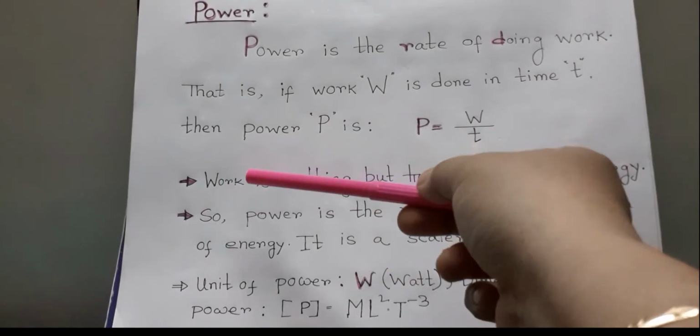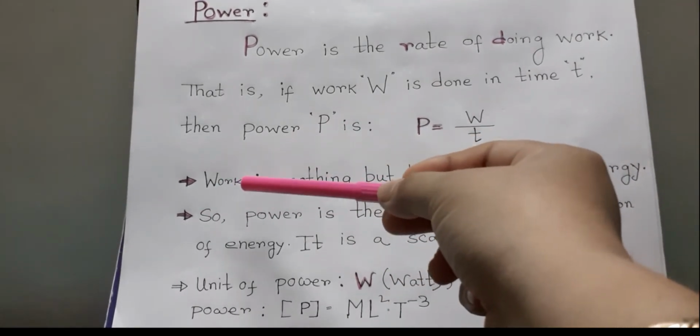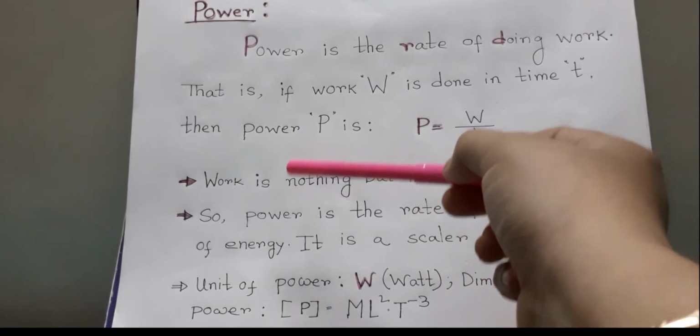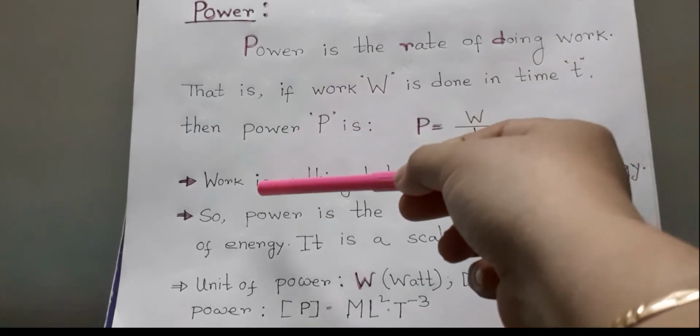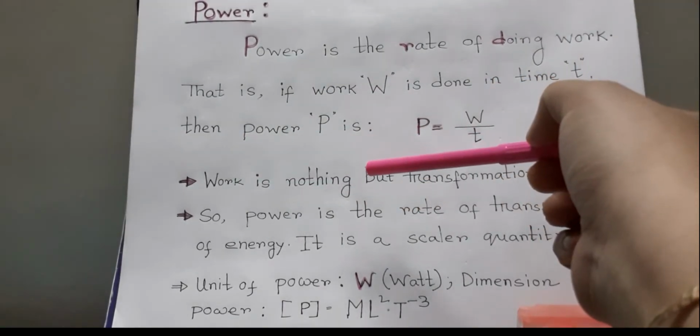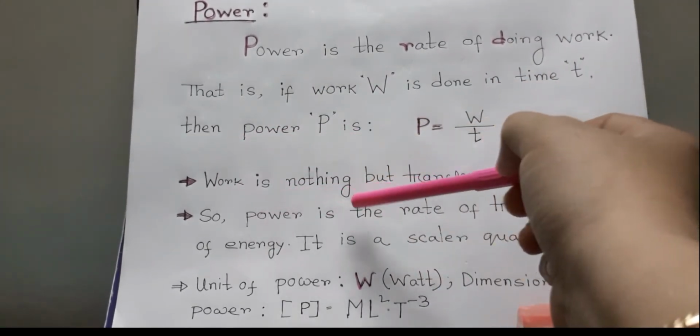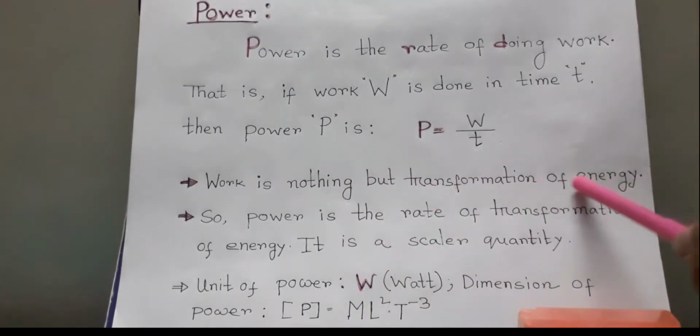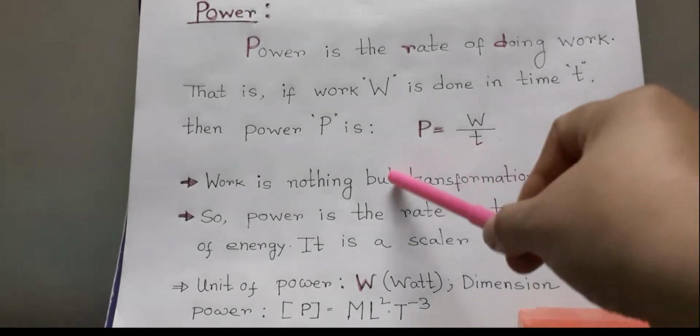Again, work is the product of force and the displacement of the object where the force is applied. W equal to Fs.